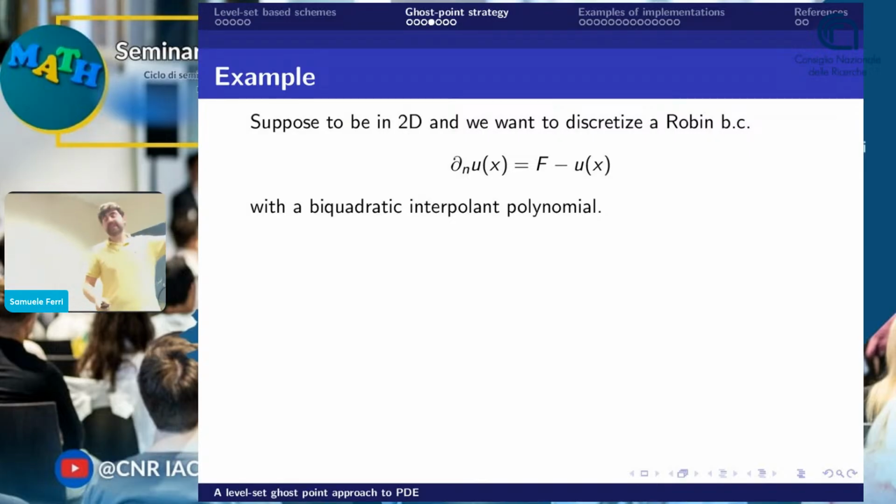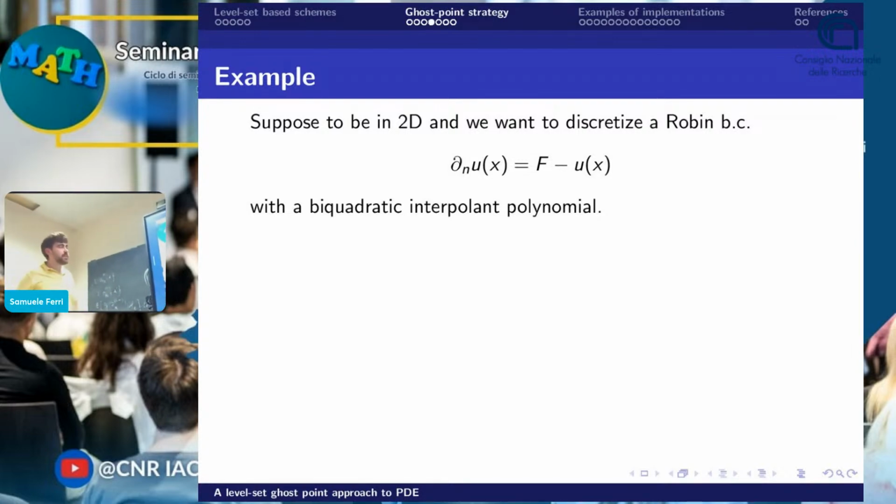We just want to discretize this kind of boundary condition. And I put this boundary condition because it's the most complete. The application to the standard Dirichlet or the standard Neumann is straightforward. Here, the capital F means just a constant, but it can be a function depending on the value of x.